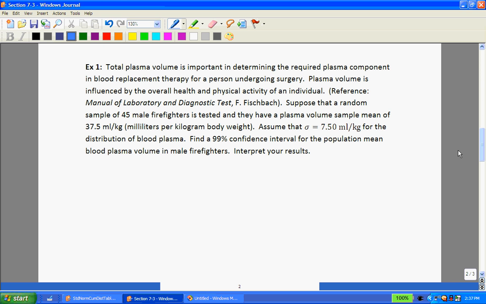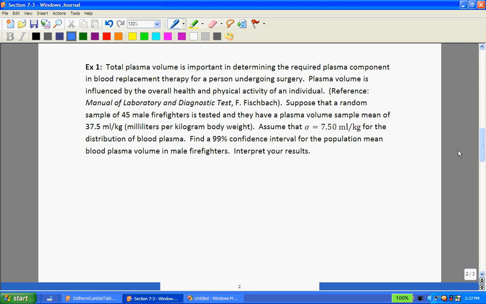Suppose that a random sample of 45 male firefighters is tested, and they have a plasma volume sample mean of 37.5 milliliters per kilogram. Assume that sigma is equal to 7.5 milliliters per kilogram for the distribution of blood plasma. Find a 99% confidence interval for the population mean blood plasma volume in male firefighters.